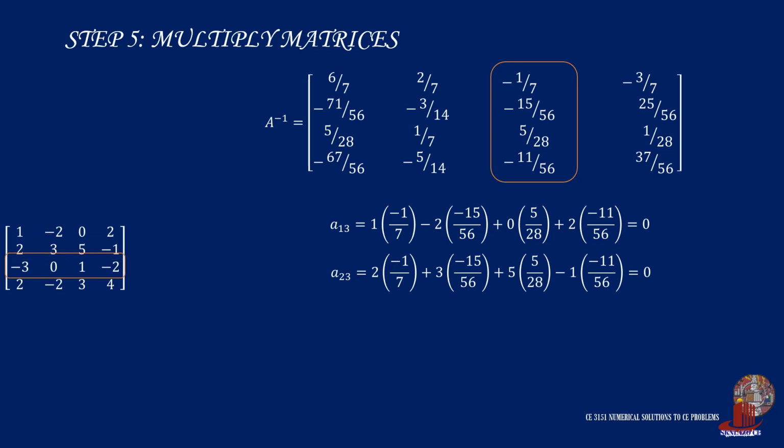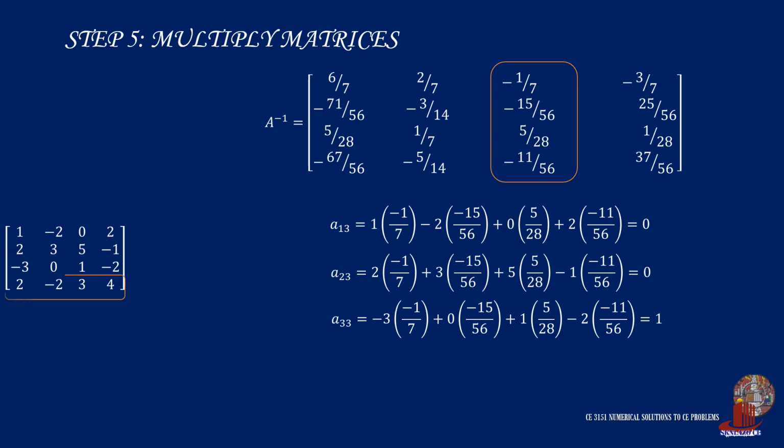For element A33, we have negative 3 times negative 1/7 plus 0 of negative 15 over 56 plus 1 times 5 over 28 minus 2 times negative 11 over 56. So it equals to 1. The last row with third column has twice of -1/7 minus twice of -15 over 56 plus thrice of 5 over 28 plus 4 times -11 over 56, which is again 0.